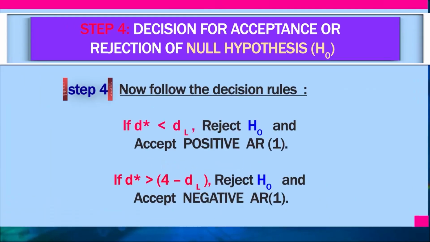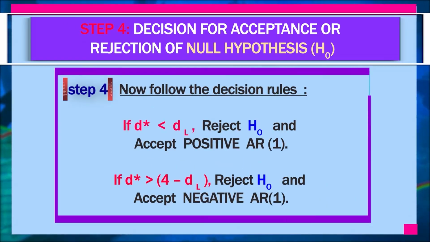What are the decisions that we follow as step number 4? This step is very crucial because we arrive at the decision of either accepting or rejecting the null hypothesis. The computed value of the Durbin-Watson D statistic is D star. If it is less than the critical lower value dL, then we accept that there is positive autocorrelation of order 1.